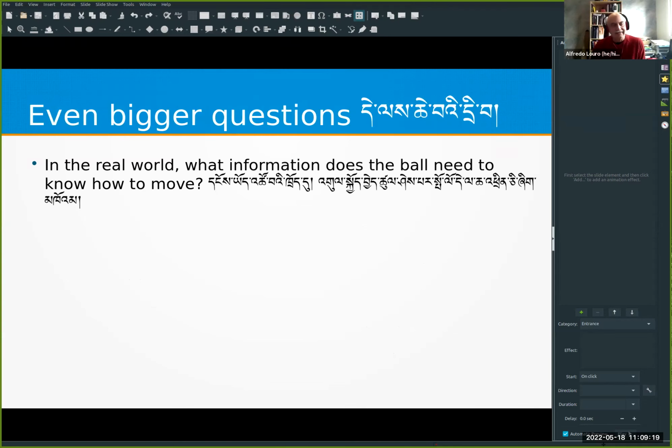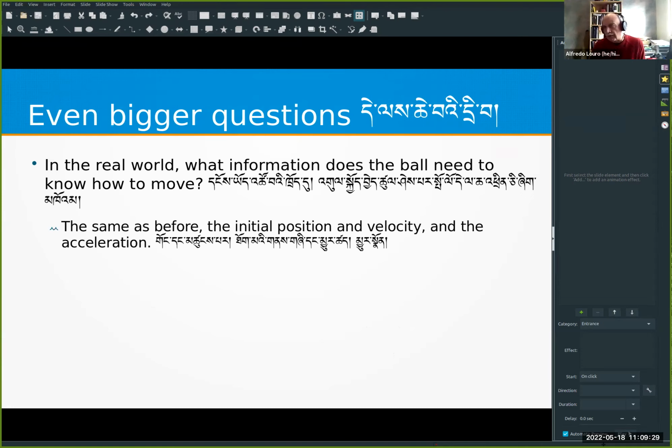So in the real world, what information does the ball need to know how to move? And the answer to that is the same as before. The ball needs to know where it is and what its acceleration is.